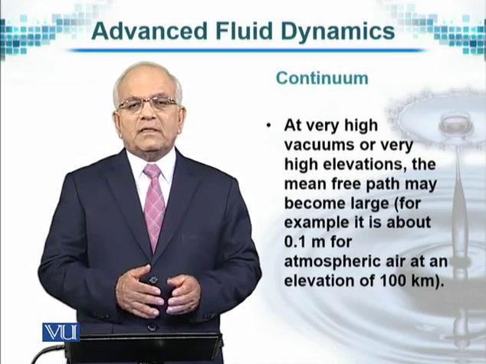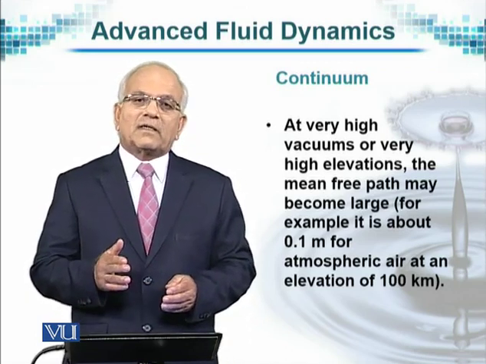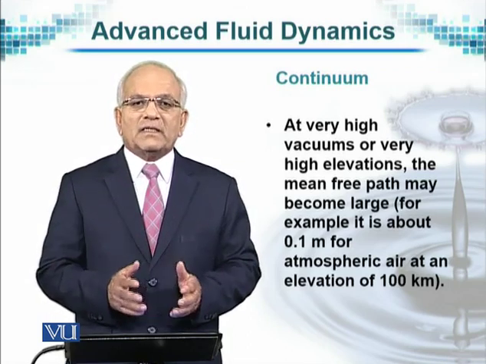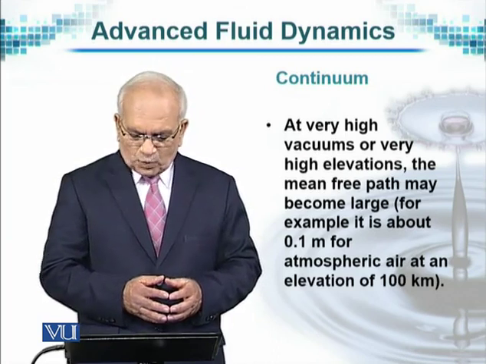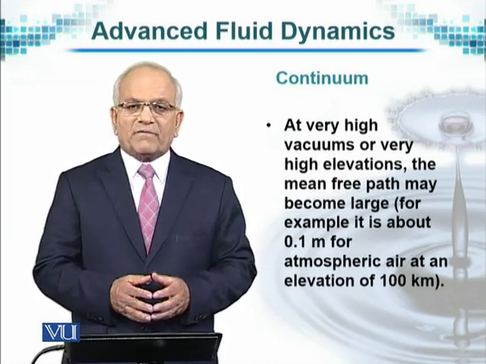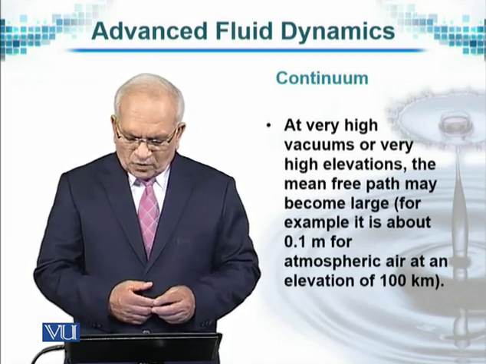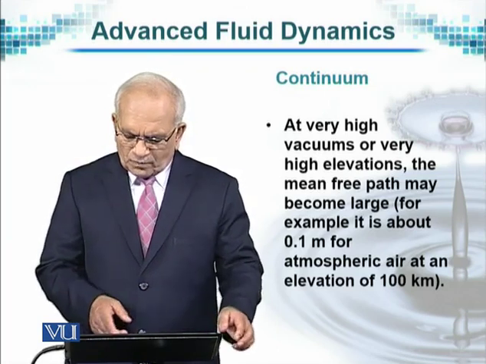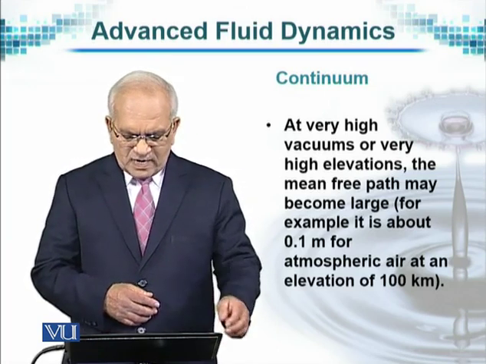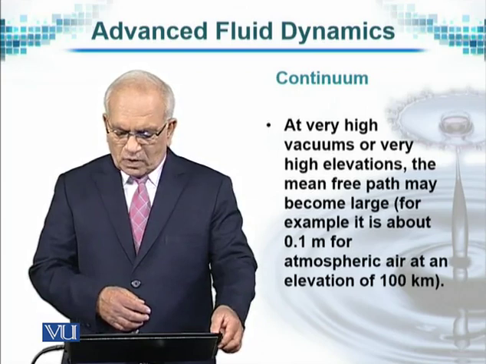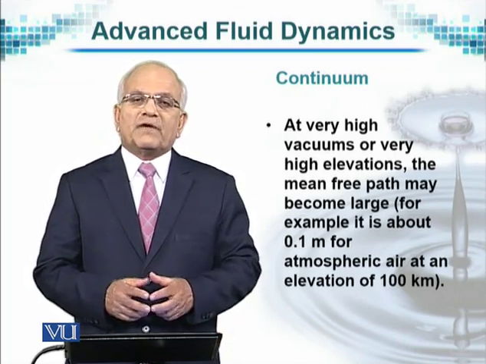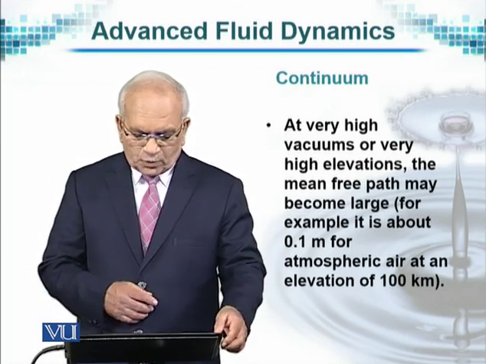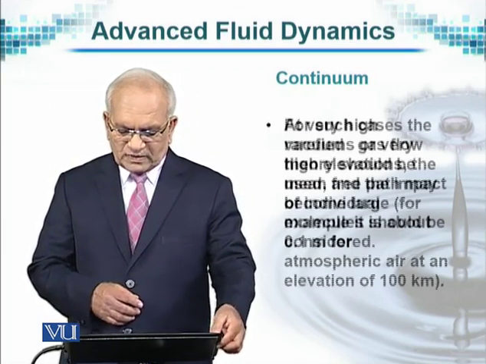Now you can see where things were at the level of 10 to the power minus 8 meter and where they have come to 10 to the power minus 1. What a difference. So they have really spread out. For atmospheric air, this is at an elevation of 100 kilometers, a very high elevation, and that's where this situation prevails.